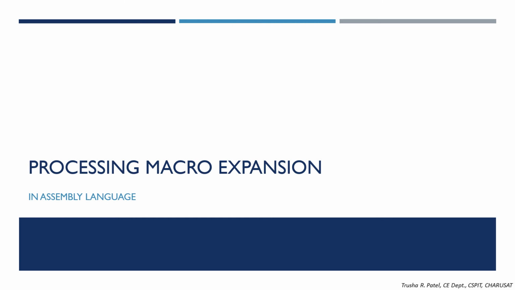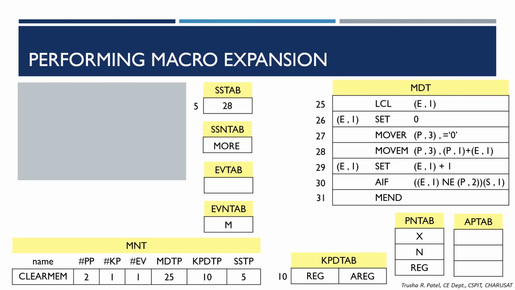Next, let's start with how the macro preprocessor will perform the macro expansion. So, this is the entry which we have already done when the macro preprocessor processed the macro definition. Now, let's say in my program I have one macro call, that is CLEAR MEM AREA, 3.